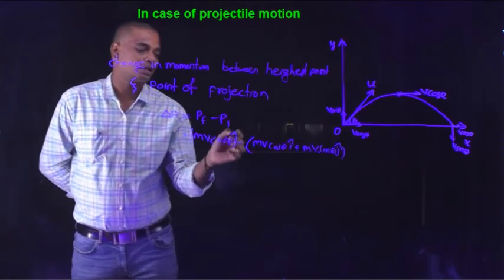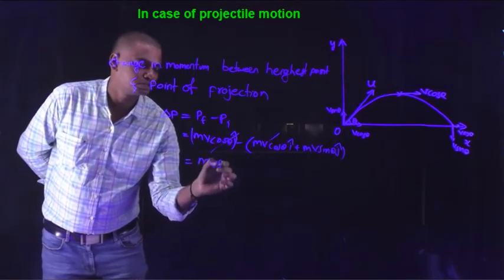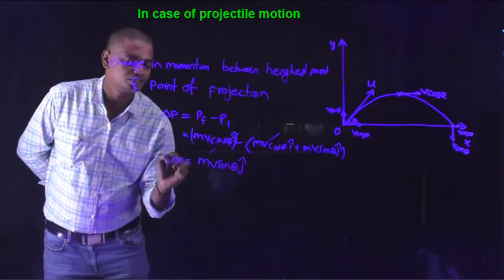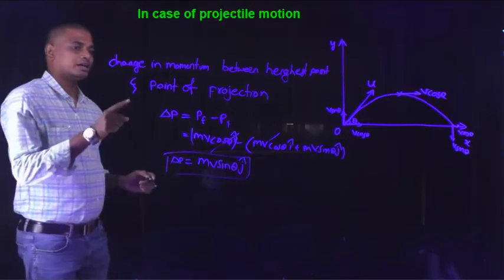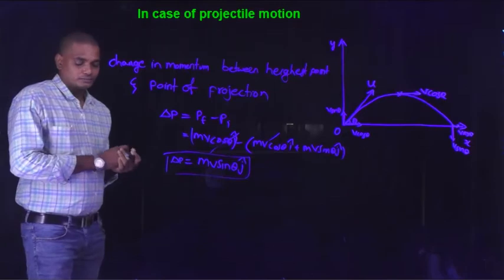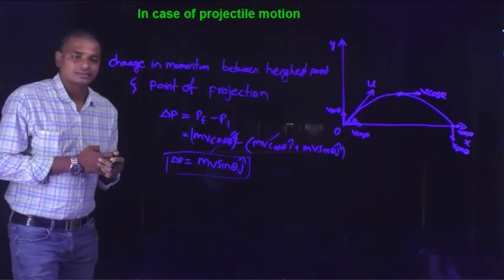So mv cos theta i cap and mv cos theta i cap get cancelled. The change in momentum is minus mv sin theta j cap. So the change in momentum between the highest point and the point of projection is mv sin theta, in the direction of the negative y-axis.